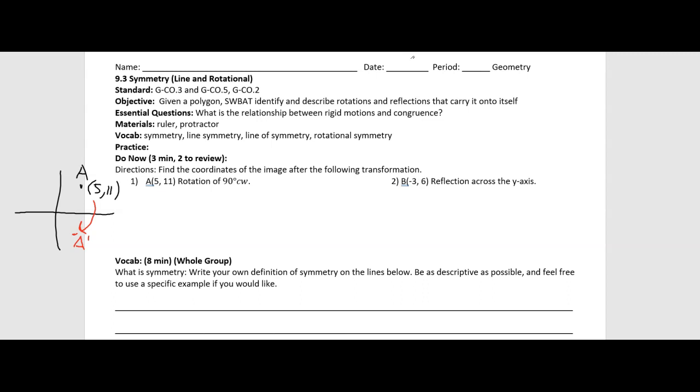And if we think about our rules, right, we know we flip the coordinates, so (11, 5). But then we have to choose the sign based on the quadrant the point is in. If we're in the fourth quadrant, the x value is positive, so I can leave it as 11. My y value, though, is negative. So my new coordinates of A prime are going to be (11, -5).